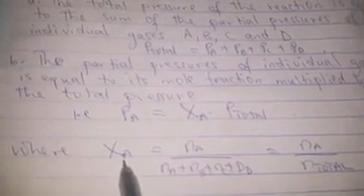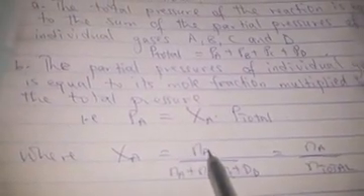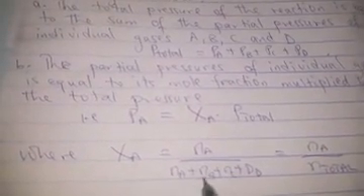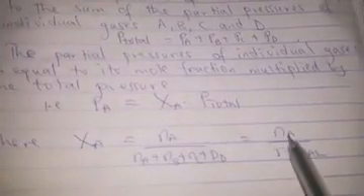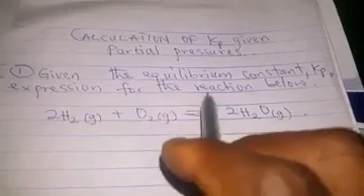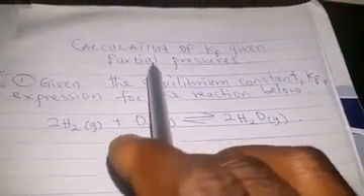The formula for mole fraction is the number of moles of A all over the total number of moles, that means n A over n total. Let's see an example here.